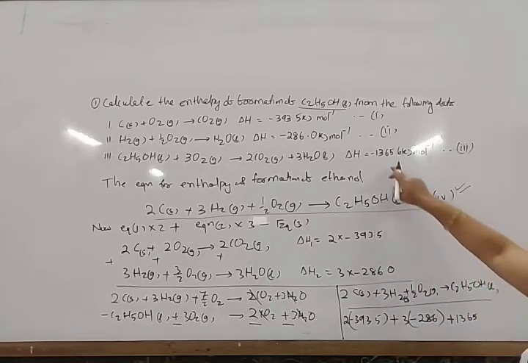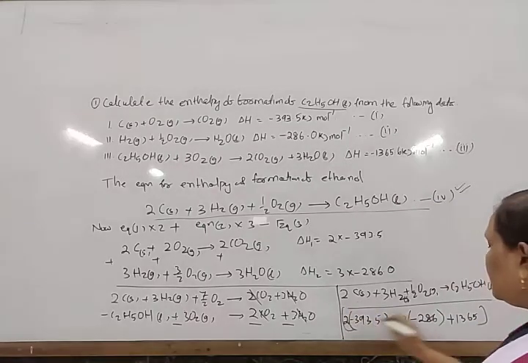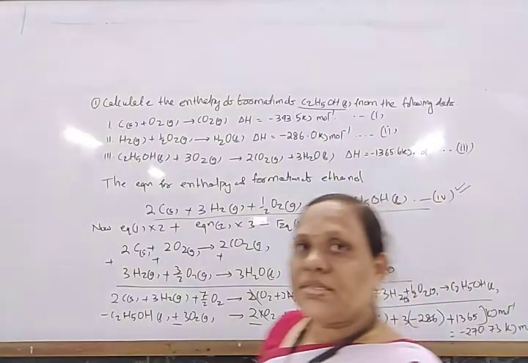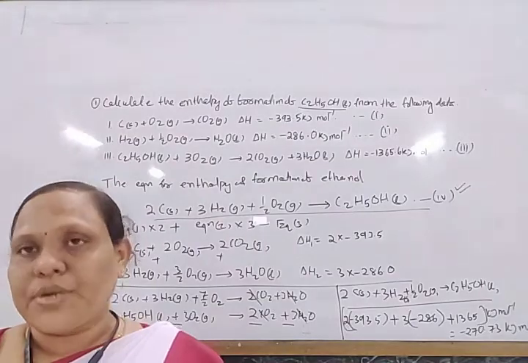Here there is no multiplication of any term, just the total. This is in kilojoule per mole, and we find this value is minus 270.73 kilojoule per mole. So in this way you can solve this type of problem.